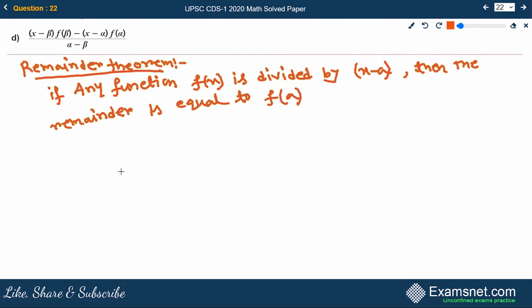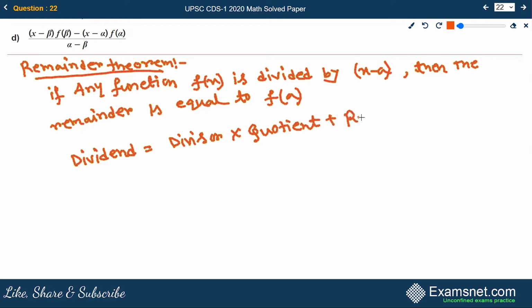Also by division algorithm, we can write dividend equals divisor multiplied by quotient plus remainder.